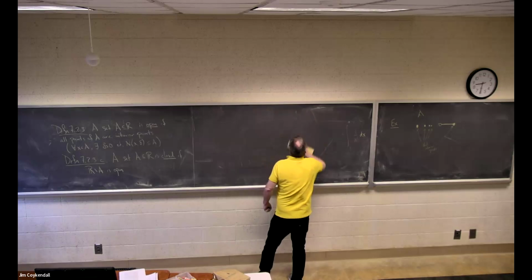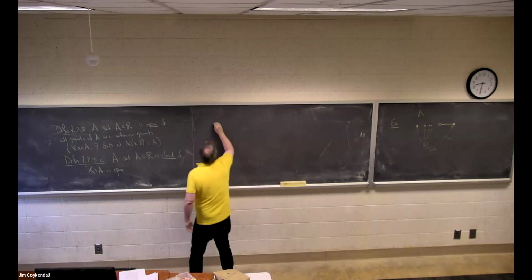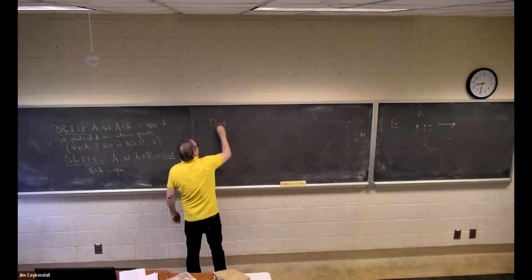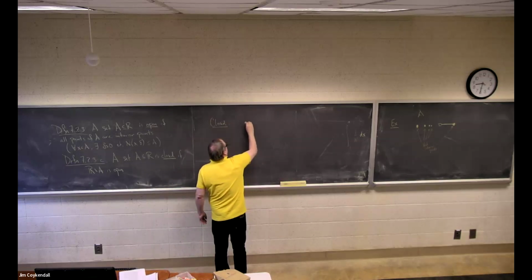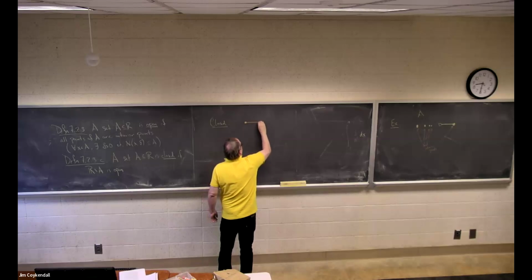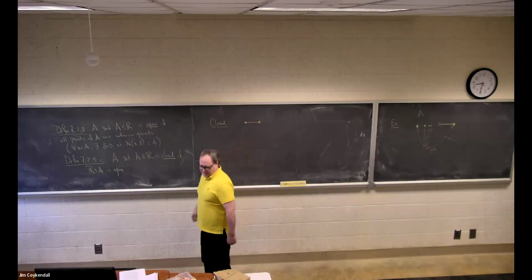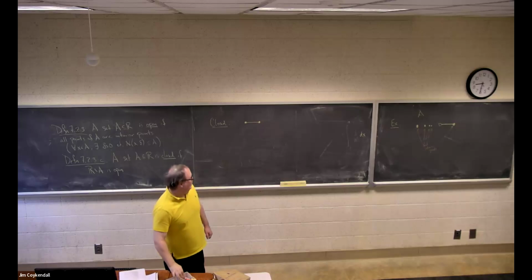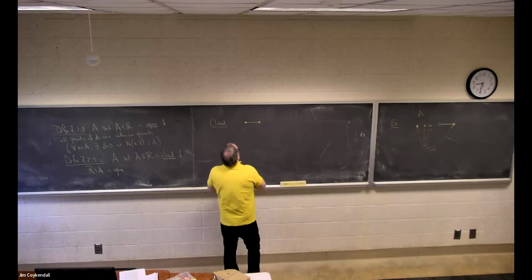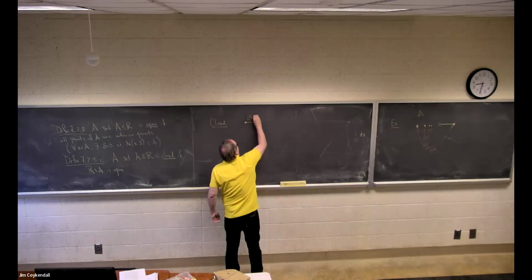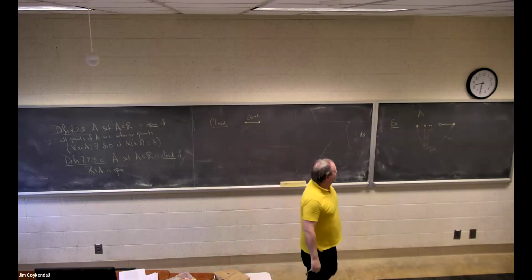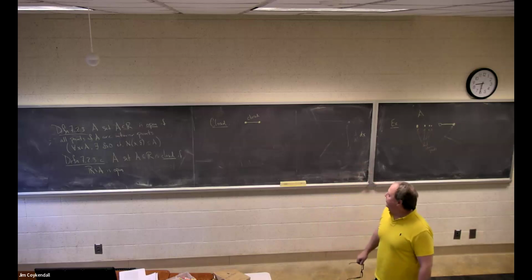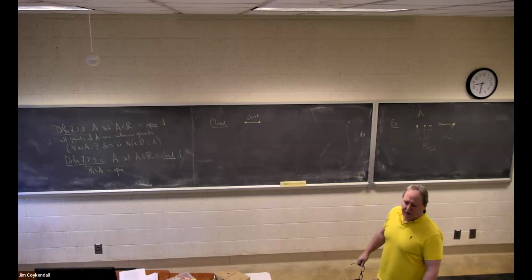So let's look at some examples of closed sets. What happens when you remove this? What happens when you remove that? So this is my typical definition of closed set, what I remember from calculus, closed interval. What happens when I remove that from the real numbers?